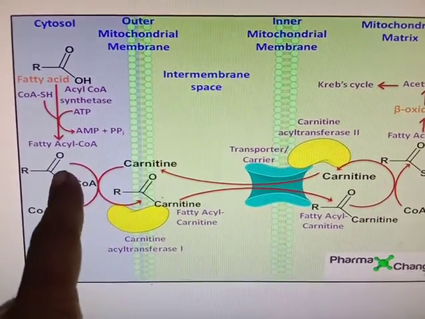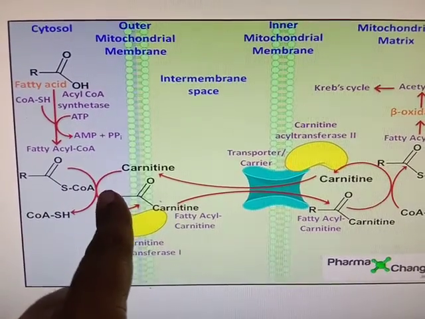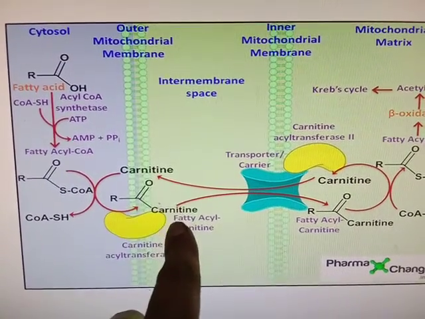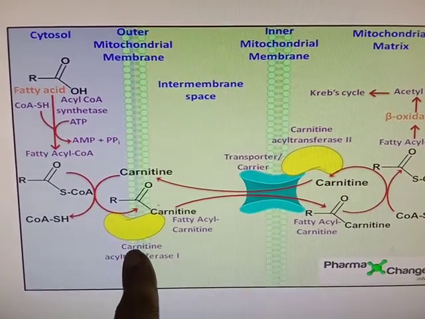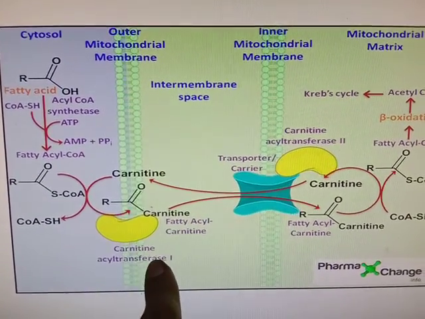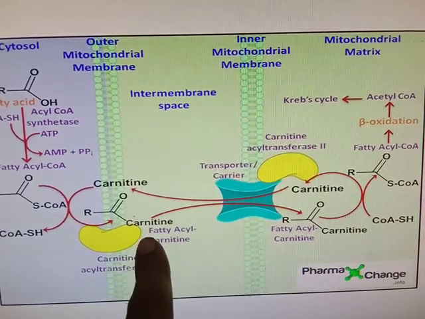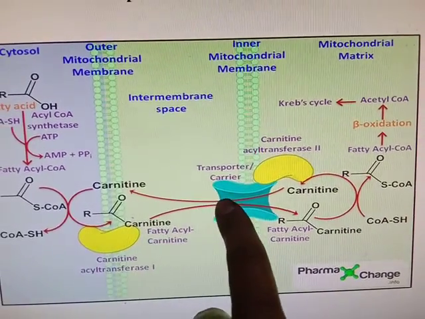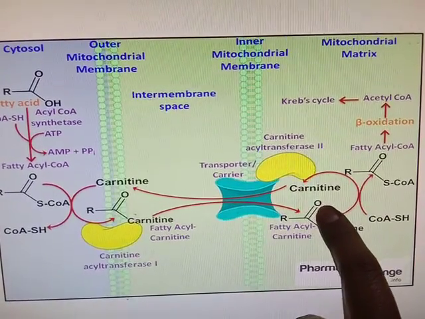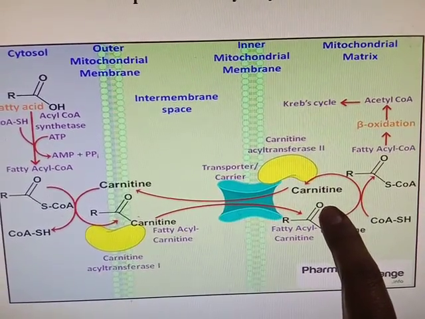Now it will link with carnitine to form fatty acyl carnitine complex. This reaction takes place by carnitine acyl transferase 1. Then this complex will be transported through the inner mitochondrial membrane into the mitochondrial matrix.